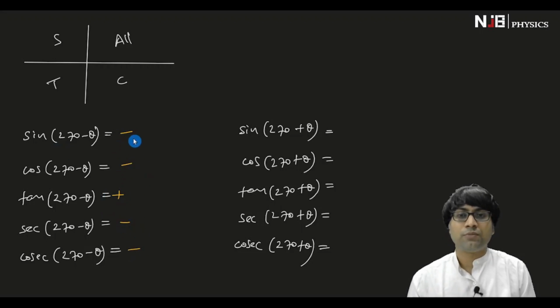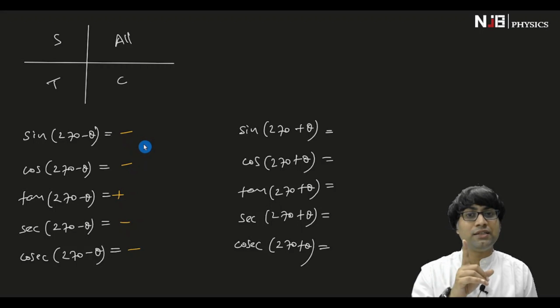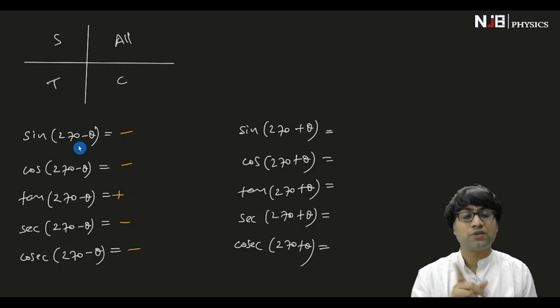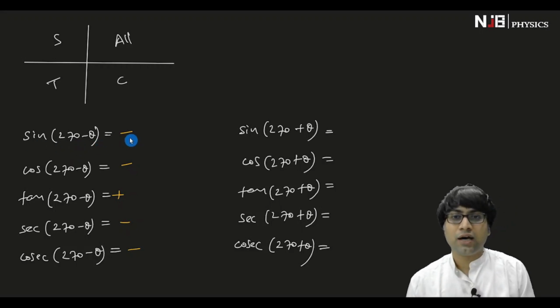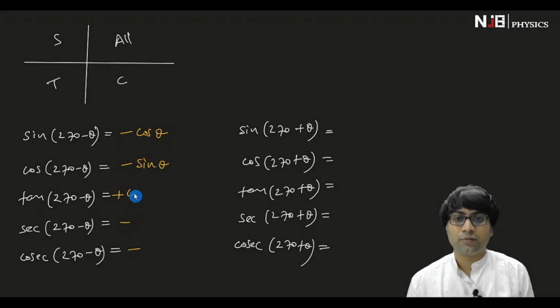So sine of 270 minus theta, as I said, on 90 plus minus and 270 plus minus, sine will convert to cos, cos will convert to sine. This conversion is going to happen. So sine will become cos theta, cos will become sine theta, tan will become cot theta, sec will become cosec theta, and cosec will become sec theta.